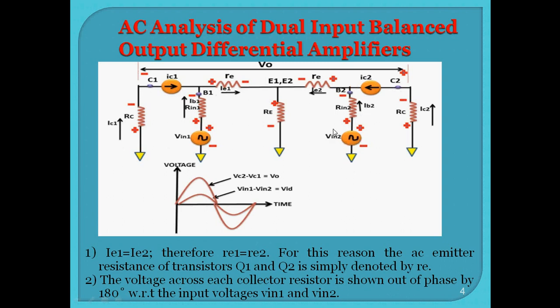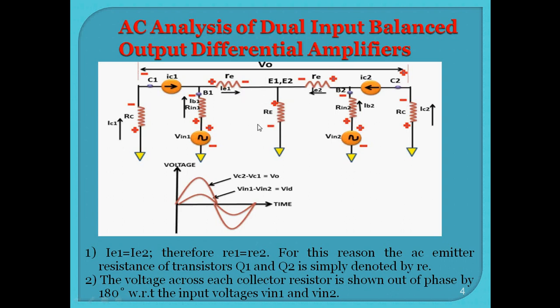Because of Vin2, IB2 is the current flowing into the base B2, and IE2 is the current flowing towards the emitter E2. Similarly, IB1 is the current flowing through the Rin1 resistor to the base B1, and IE1 is the current through the emitter E1.